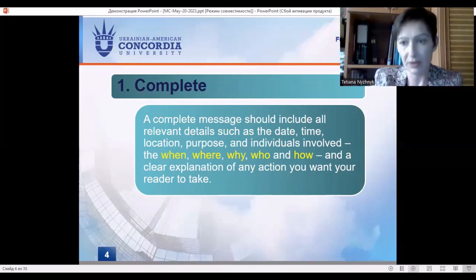The message that you need the people to remember, to understand, like the date, time, location, purpose, and the people who are involved. This is when, where, why, who, and how. All of those details help the reader understand what exactly you want them to do and what exactly is going to happen.